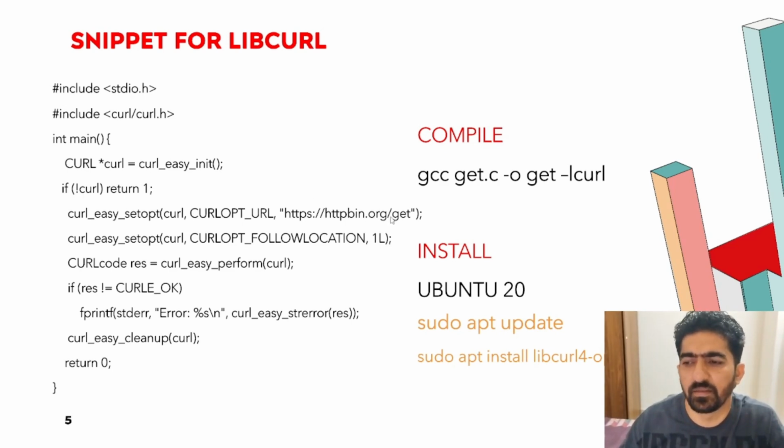You can take any of your web server addresses here. For example, here we start with the handler first. So we have the first one as curl easy init. Okay. So once this handler is created, if not, we will return one. And then we have to set option for the URL of your web server. Okay.